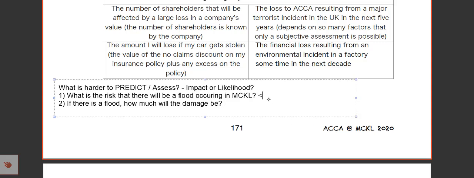Now, I find that the first one is harder to predict, but the second one is easier, because if there is a flood, I can tell you how much loss we're going to suffer. We're going to change some of the furniture, and how much will that be? We're going to replace some of the flooring. How much will that be? You know, I can give you the amount quite easily, but the chance is quite difficult.